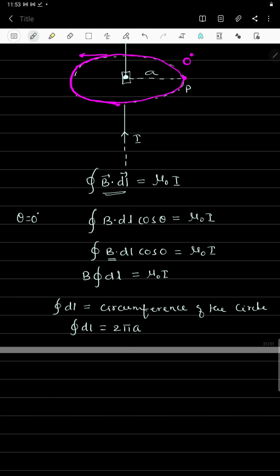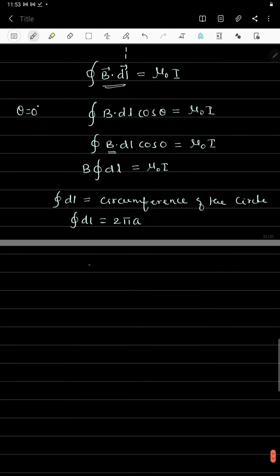Now the equation becomes B into 2 pi a is equal to mu naught into I. Then the magnetic field of a straight conductor, as given by Ampere's circuital law, is B equals mu naught I divided by 2 pi a.